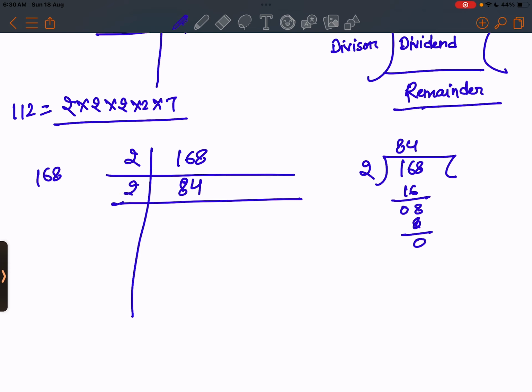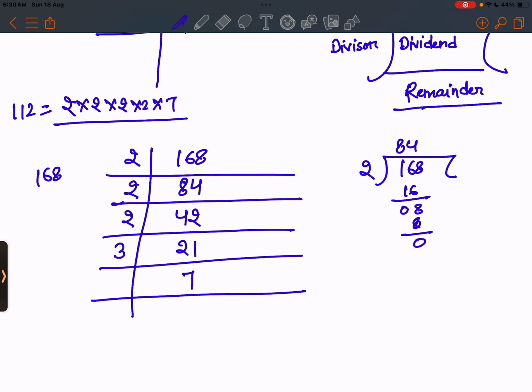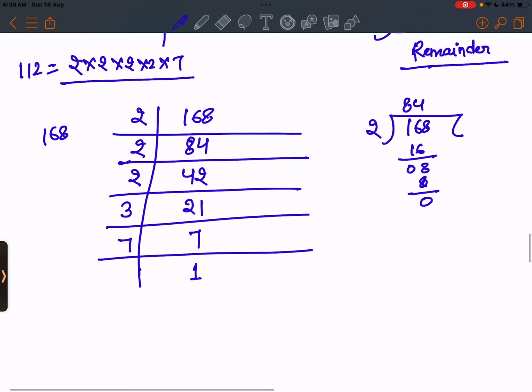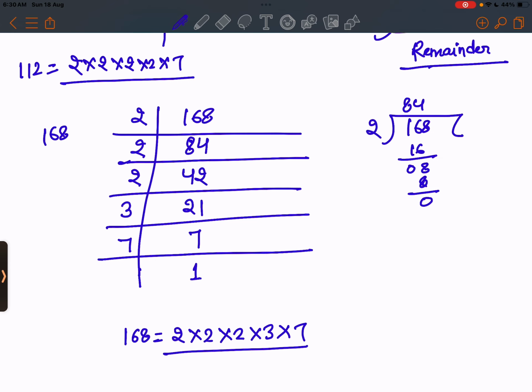Now divide further by 2, 42 comes here. Further divide by 2, 21 comes here. Further divide by 3, 7 comes here. Further divide by 7, 1 comes here. So we can write 2 into 2 into 2 into 3 into 7. This is the prime factorization.